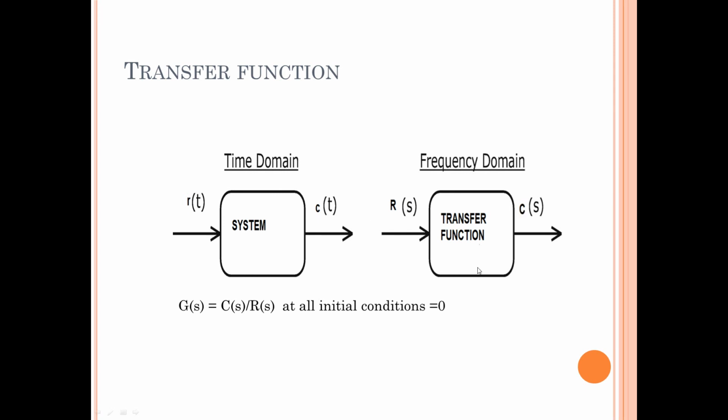In this frequency domain, if we find the ratio of C(s) by R(s), assuming that all the initial conditions are 0, then the system is represented by the transfer function. We can say that the transfer function is defined as the ratio of the Laplace transform of the output to the Laplace transform of the input. So this is the transfer function.